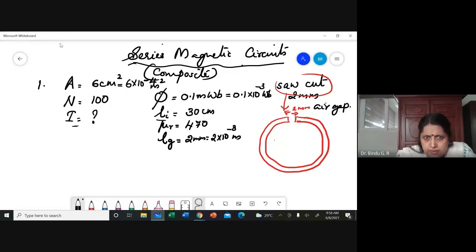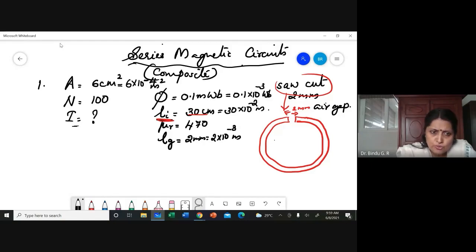And for the rest, all of you should read the question once again. They have mentioned that the mean length of the iron path alone, that is excluding the air gap, is given as 30 centimeters, which I can write as 30 into 10 raised to minus 2 meters. Is this clear for all of you?